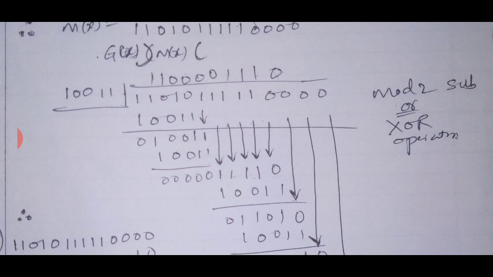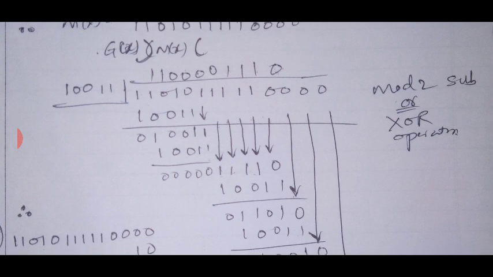You have written it. For this, on the upper side you have 11010, and here you are doing XOR operation with 10011. So what does XOR mean? If these two bits are different, then you write 1. If these two bits are the same, you write 0.